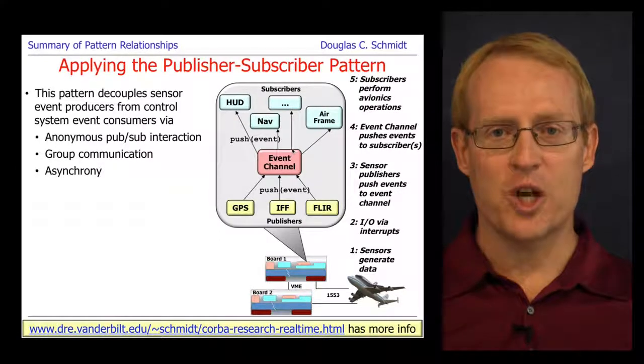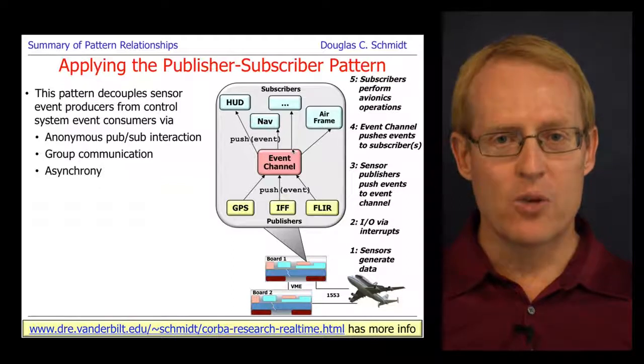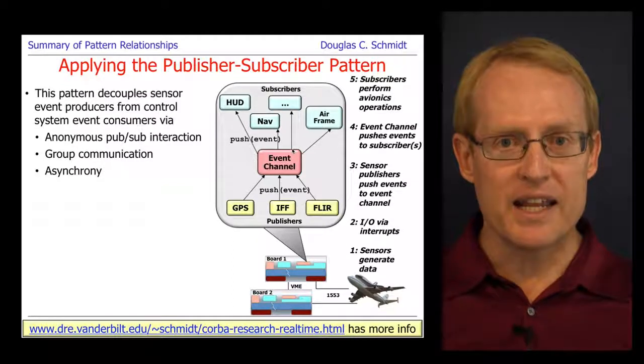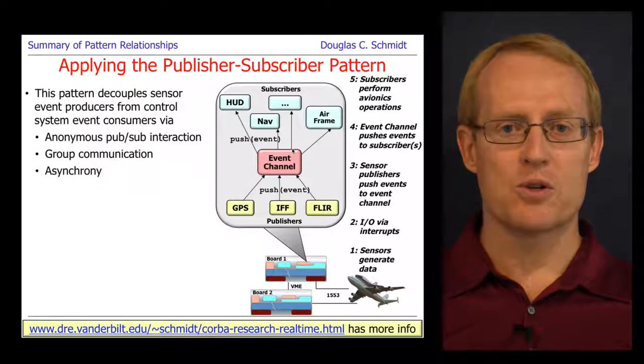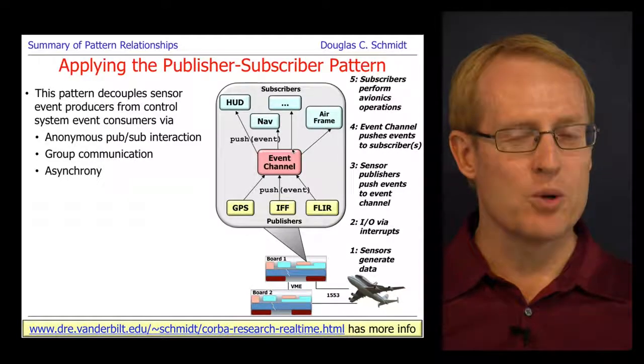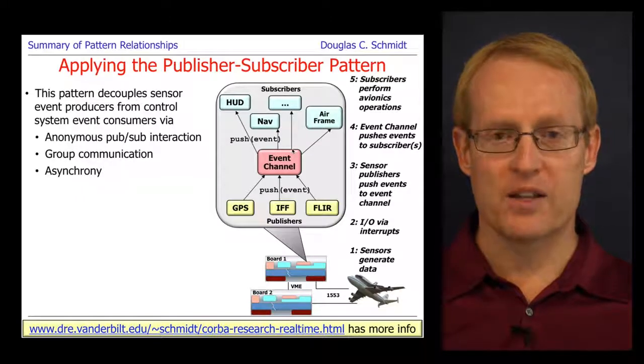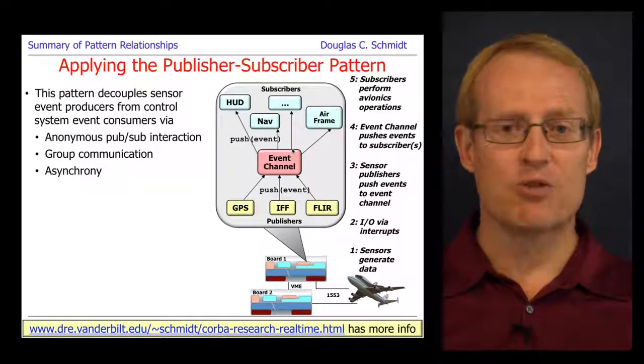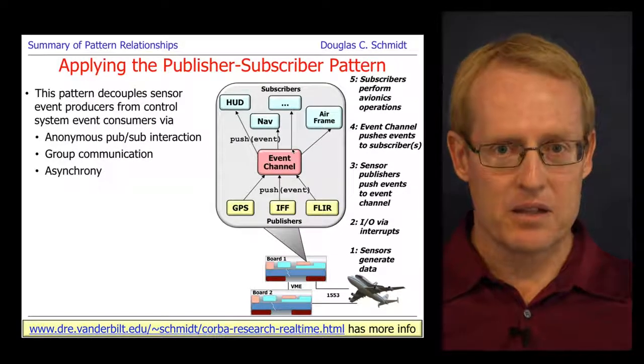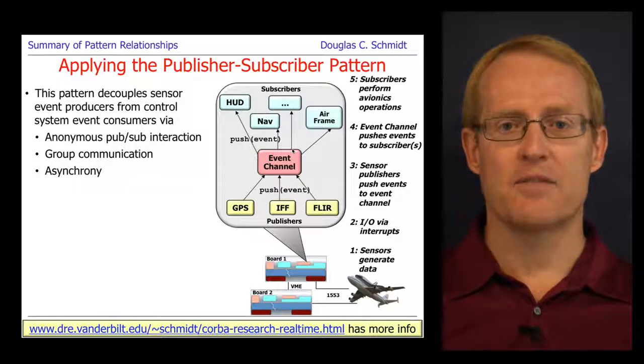We had an event channel that was responsible for queuing up the data and then disseminating the data out to the appropriate consumers. So we didn't actually have to write a lot of new code. We just rearranged what we had to more closely correspond to this pattern instead of being driven in a very highly coupled way by a cyclic executive.